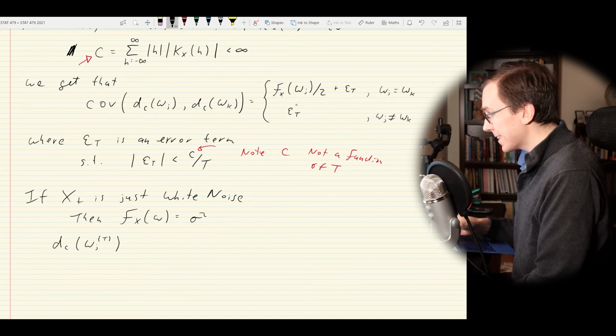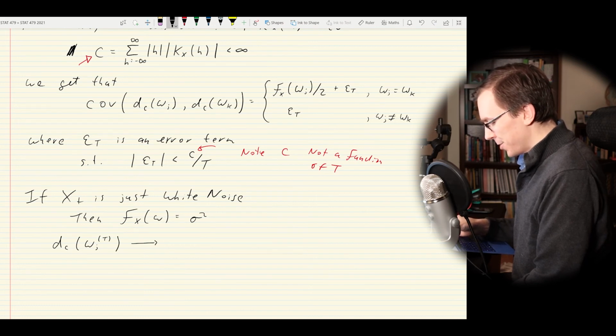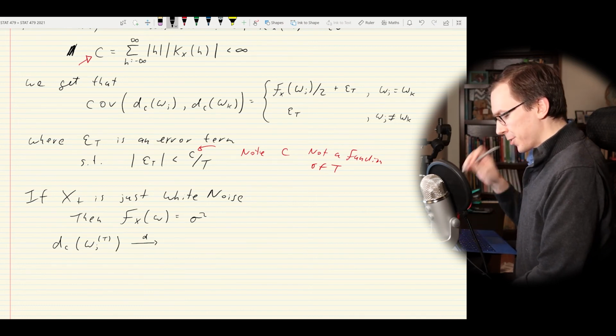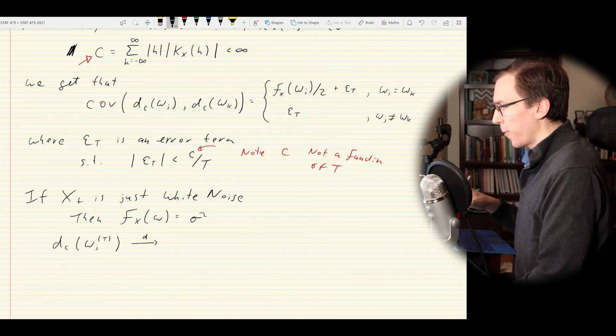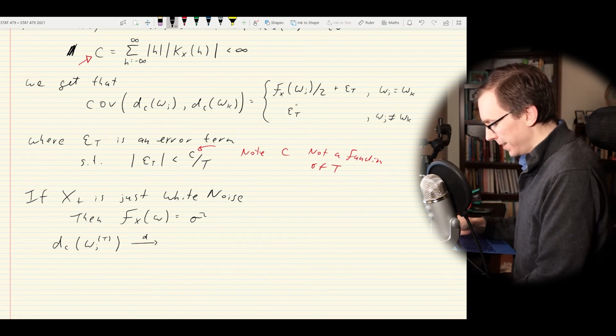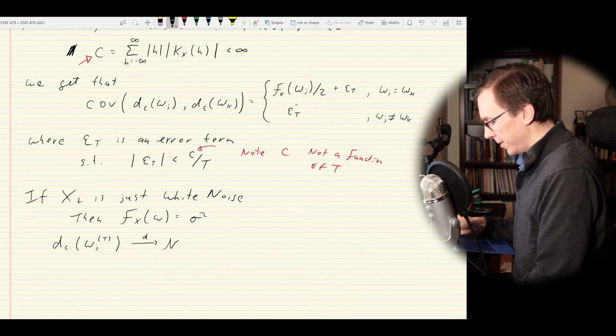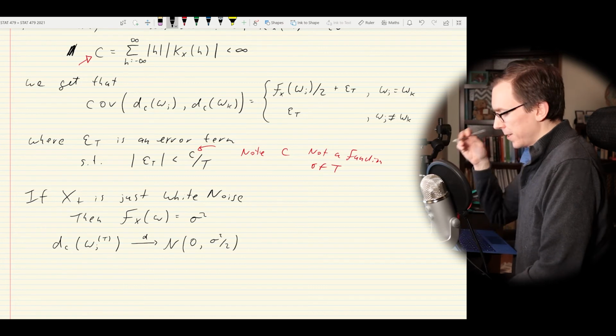and as our data size goes to infinity, we find out that the discrete cosine transform at any given frequency will converge in distribution to a normal distribution with mean 0 and variance sigma squared.